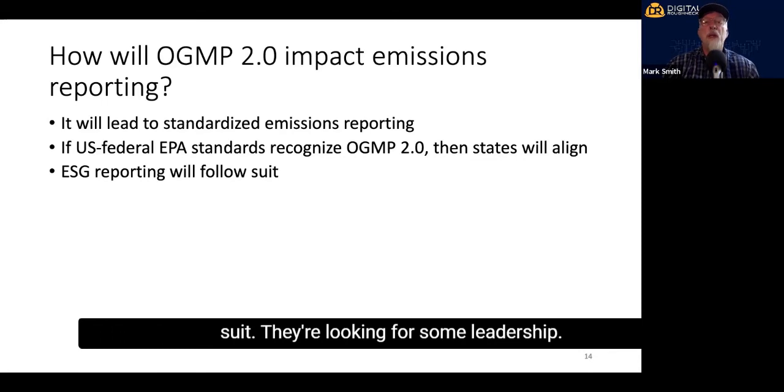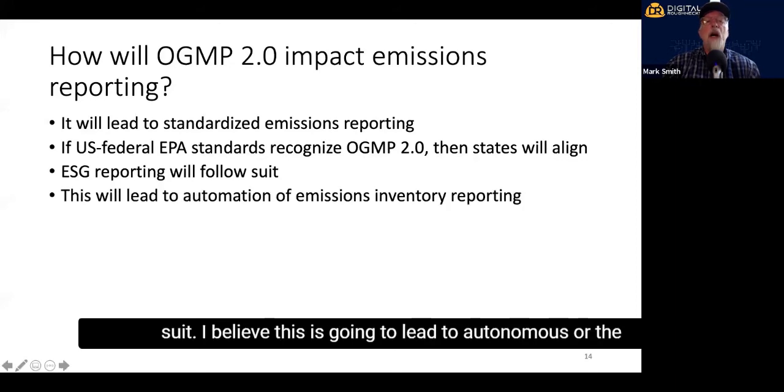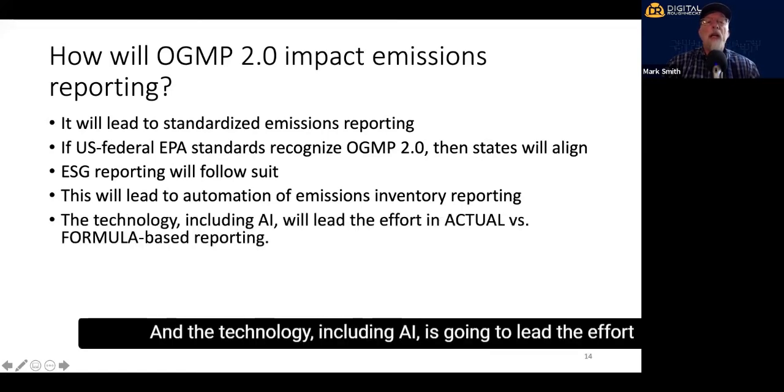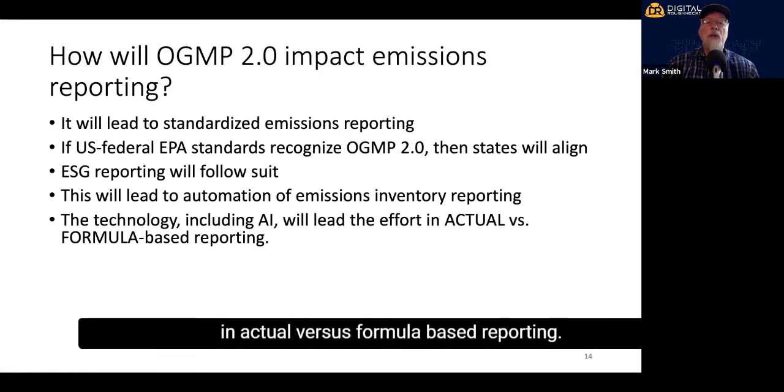They're looking for some leadership, and if this global standard starts to do it, they'll follow suit. I believe this is going to lead to the automation of emissions inventory reporting. And the technology, including AI, is going to lead the effort in actual versus formula-based reporting. And it's really going to take AI to do that. And by the way, we're working on that.